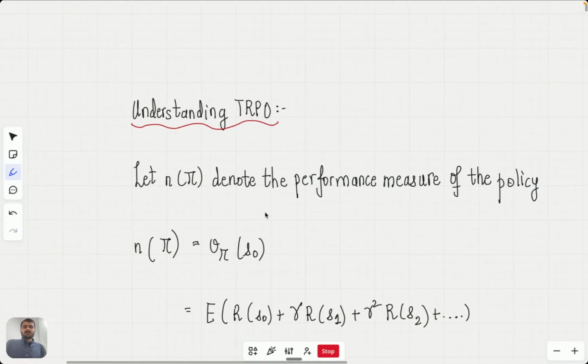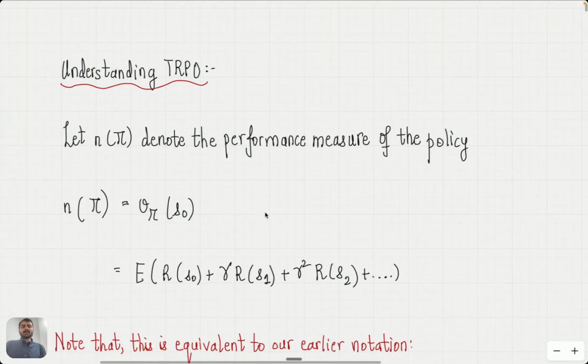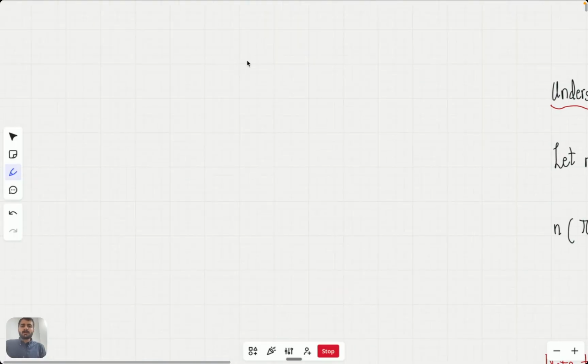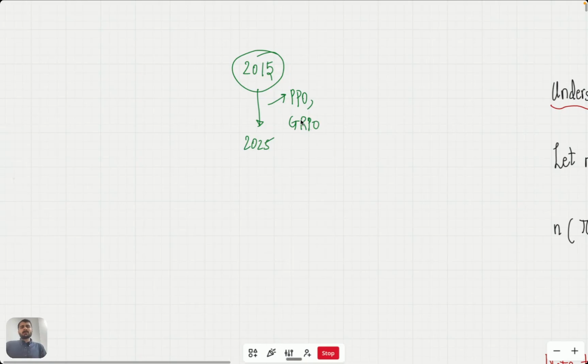So now in today's lecture, we are going to understand a technique called trust region policy optimization. This paper came out in the year 2015, and from there on to 2025, all the modern developments, which include algorithms like PPO and GRPO, which is used in DeepSeek, are built upon the derivations which were made in the TRPO paper.